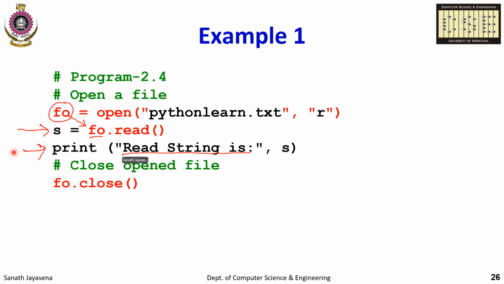After that, you can see the value of S. S is actually a string, because we have opened this file for reading, and the read method returns the file contents, which, after having been read from the file, are in memory, and S now refers to that.